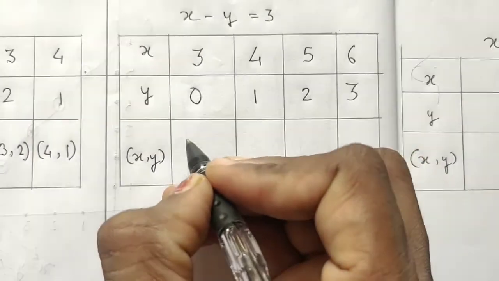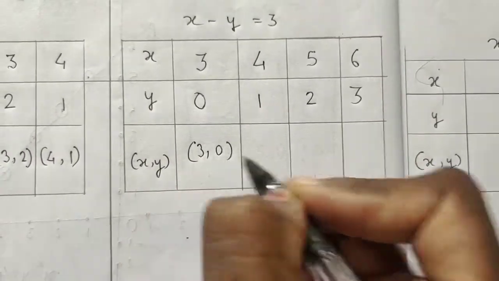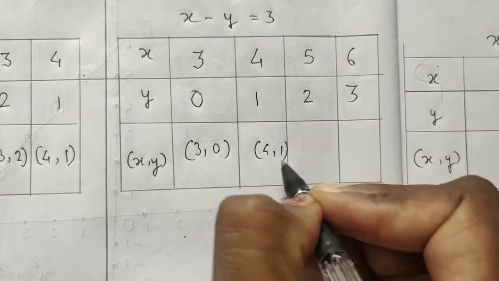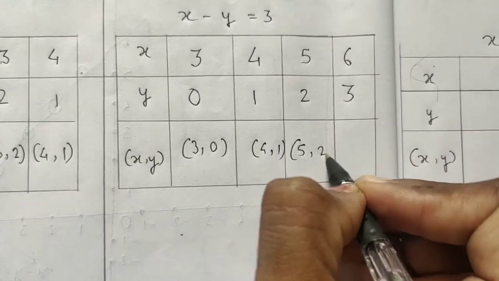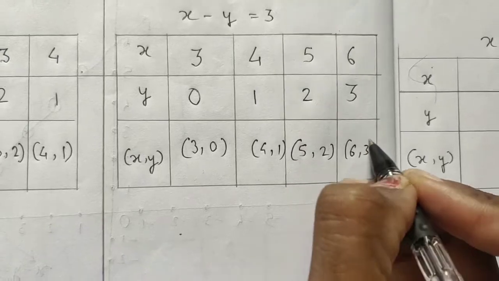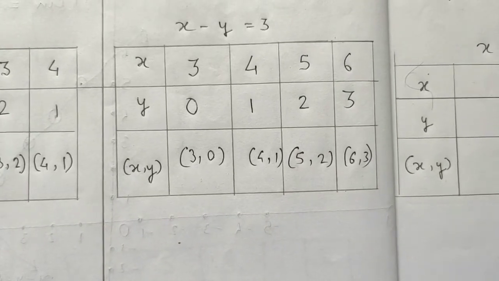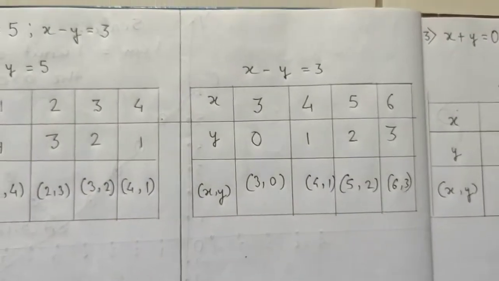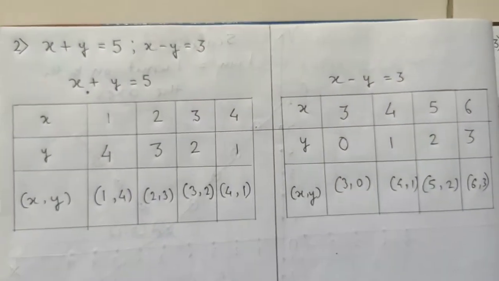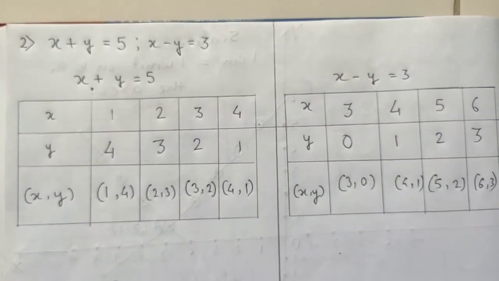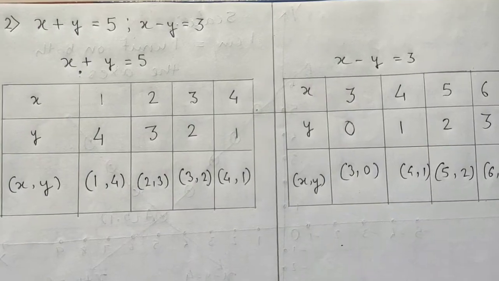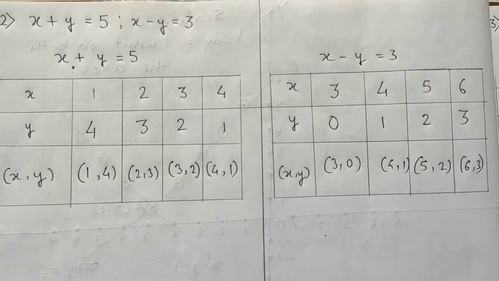Now what is this? 3 comma 0, this is 4 comma 1, this is 5 comma 2 and last one is 6 comma 3. Okay, so we have solved the first and second equations and we have values also. Now we will plot these points on the graph paper.